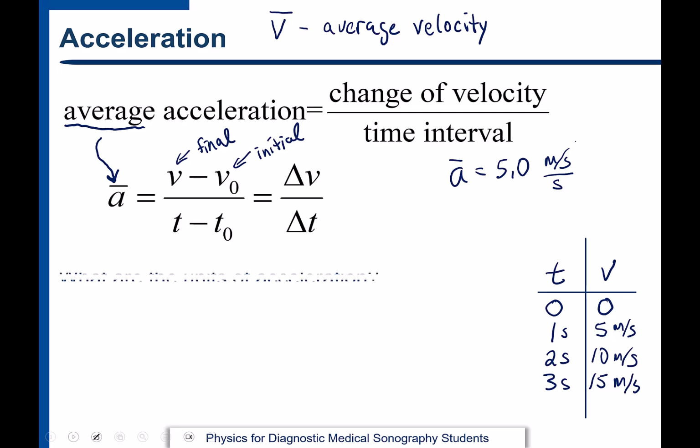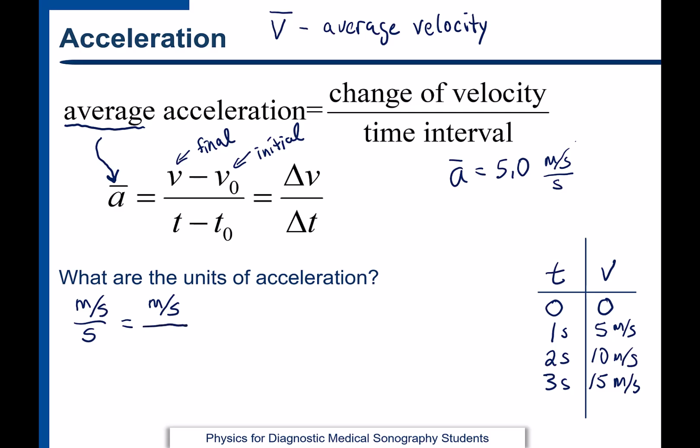Now it turns out there's a shorthand way to write these units of meters per second per second, and I want to just show you how we come up with it. Here we're going to just use the basic ideas of fractions. We know that meters per second is already a fraction. I'm going to write seconds as seconds over 1.